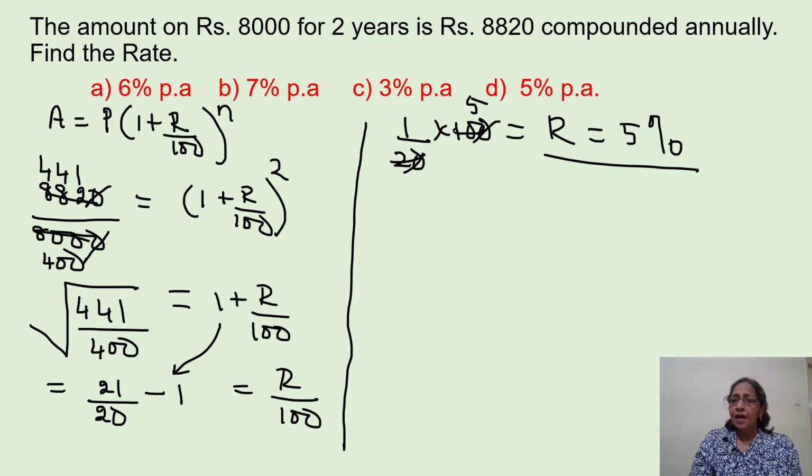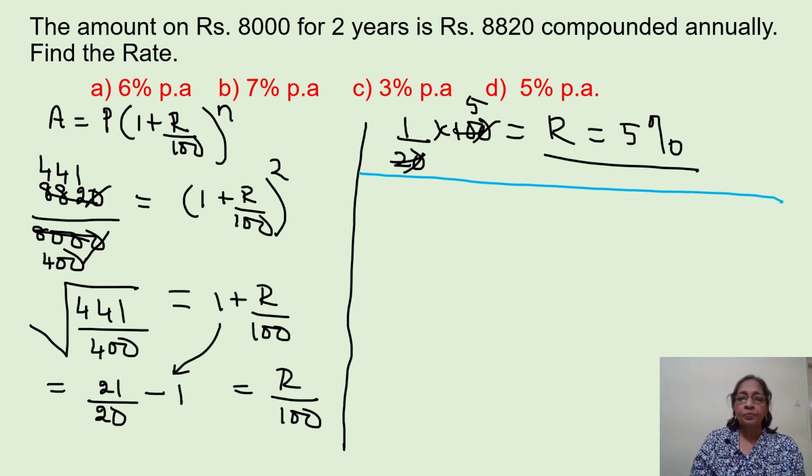Okay, now I have shown you how to use the formula to get this, but you can do it directly. Now how to do it directly? Whatever you have got, the amount and the principal.